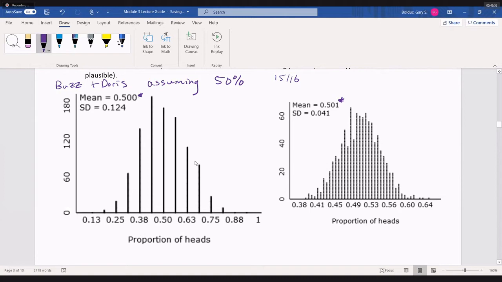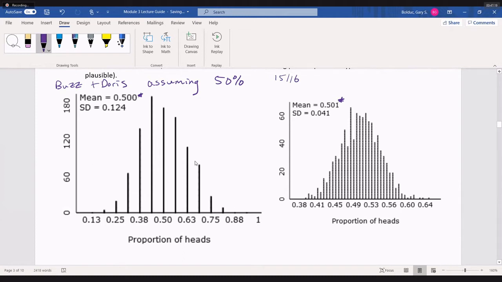How could these same two pictures, with the same middle, that came from the same idea of simulating a coin flip, how could 15 out of 16 be more extreme on one of these than the other? You know, Mr. B said, I'm just trying to measure myself from the middle, and the middle is always the same. 15 out of 16 is the same. How could it be different?